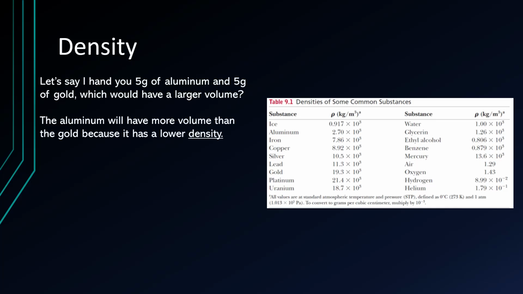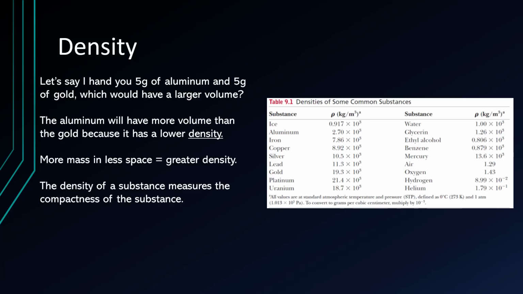So aluminum would have more volume than gold because it has a lower density. Don't believe me? Write out rho is equal to mass divided by volume. Plug this in for rho, switch out the masses for 5 grams, and ta-da. So more mass in less space is equal to greater density. So the density of a substance measures essentially the compactness of the substance. How compact is this?